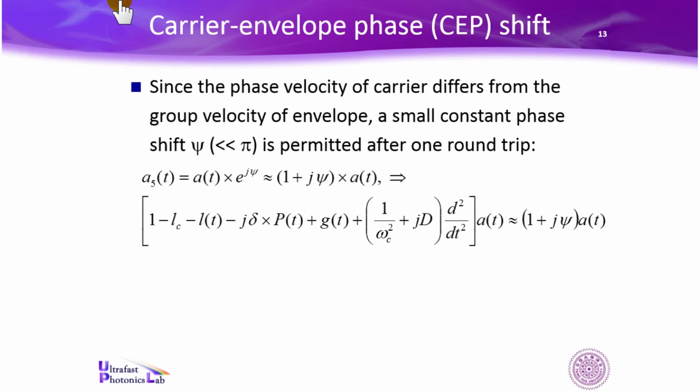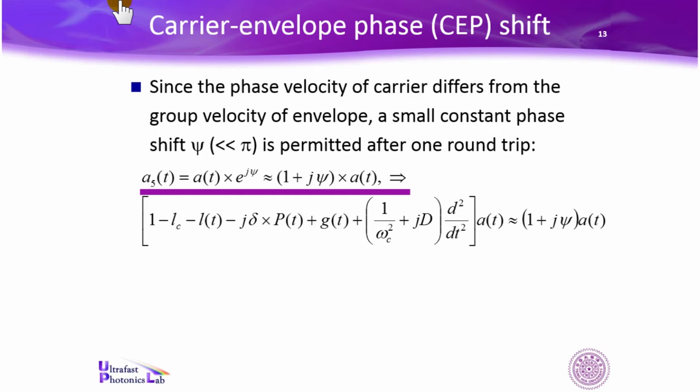The new pulse is equal to the old pulse times a CEP phase shift, e to the j phi. If phi is very small, it's close to 1 plus j phi, then you can borrow the equation derived in the previous slide and insert it here.